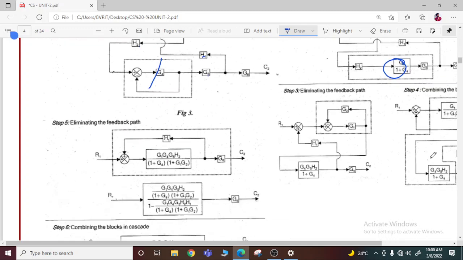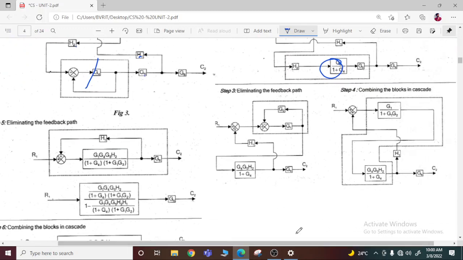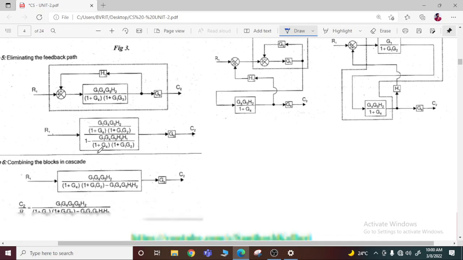So these are the resultant of that, G4, G5, H2, 1 plus G4. Okay, and this is also cascaded, so multiply here, and having H1 as a feedback, so eliminate the positive feedback here.